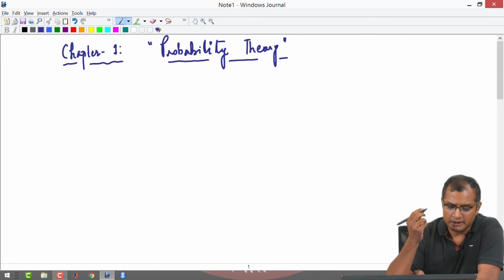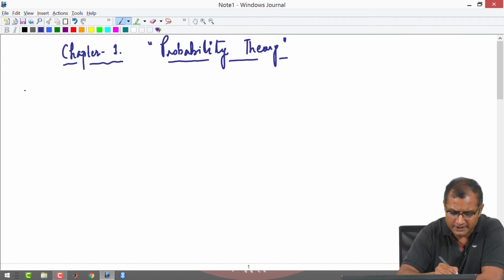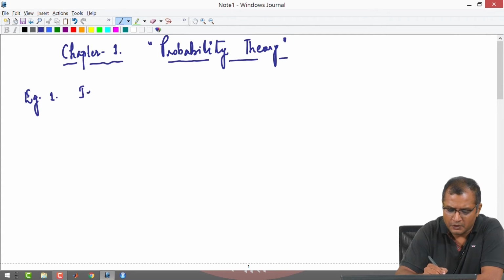illustrate this, I would take some very simple examples on probability theory. For example, the first example would be if you have a class of some students.